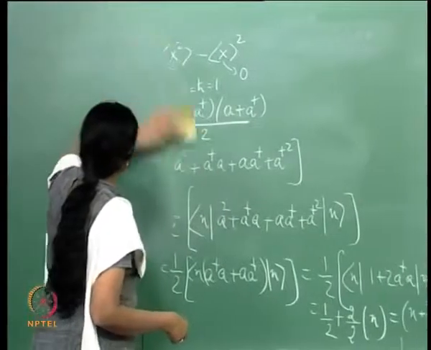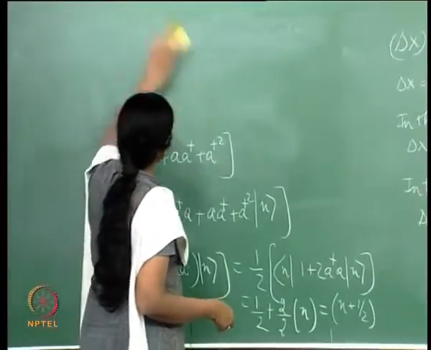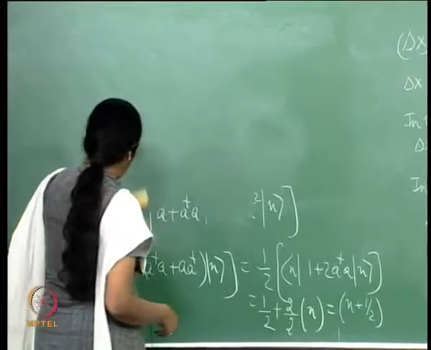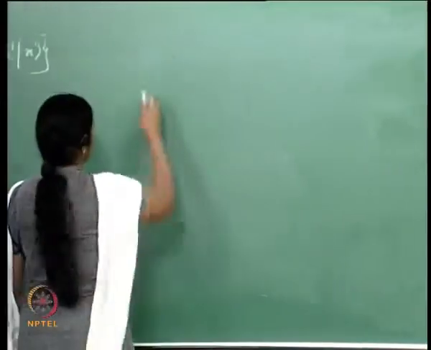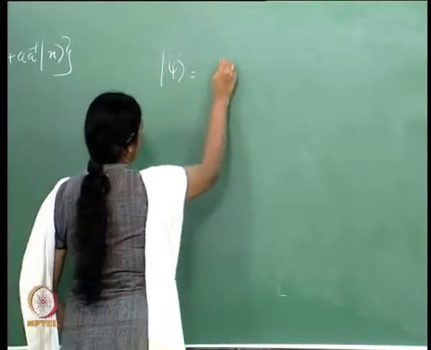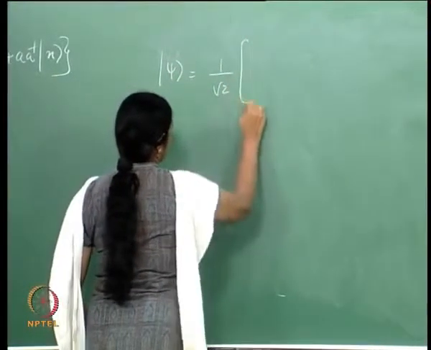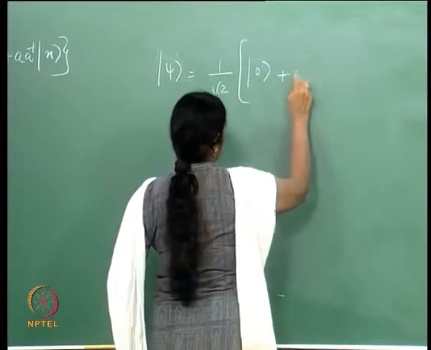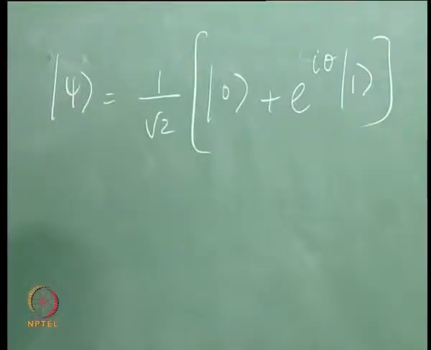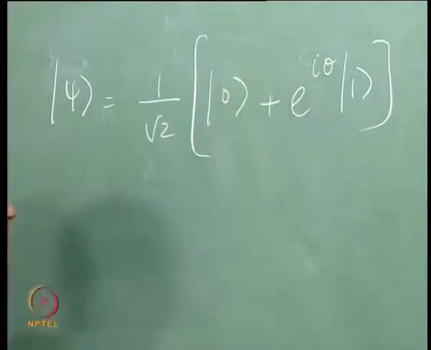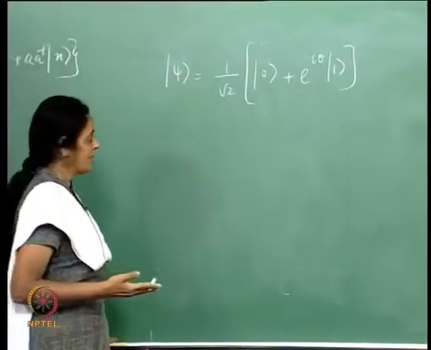My next exercise concerns the qubit. I now wish to look at the state psi, which is ket 0 plus e to the i theta ket 1, where e to the i theta is just a phase.